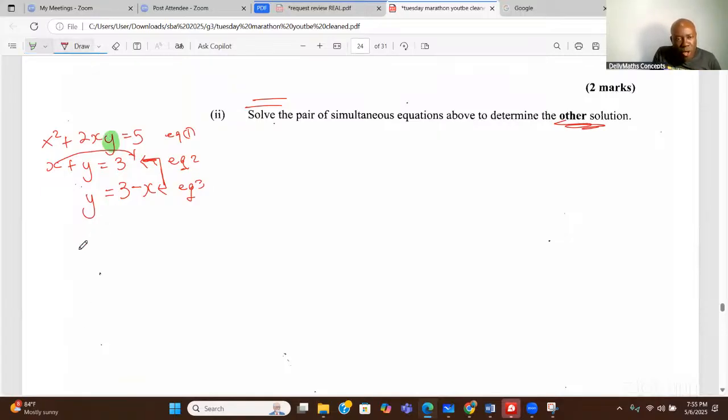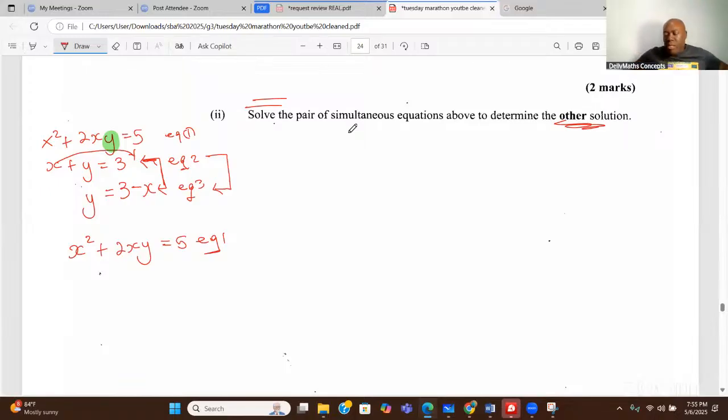So watch this now. We're going to substitute. Remember now we have x squared plus 2xy, which is equal to 5. This is equation 1. Because we used equation 2 to create equation 3, we have to substitute in the other equation that we did not use. So we're going to substitute in equation 1.